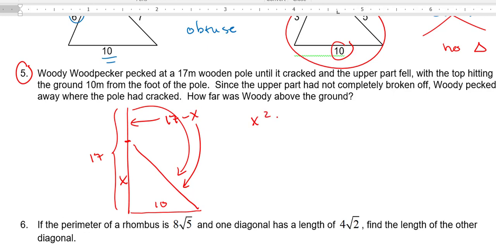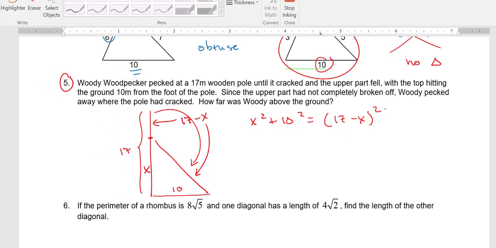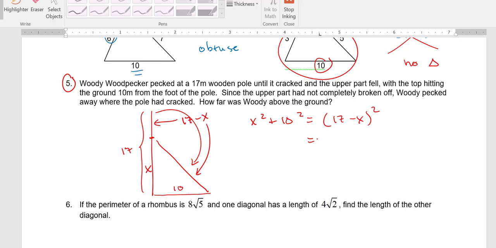So you're going to get x squared plus 10 squared is equal to the quantity 17 minus x squared. And the key here is to not take 17 minus x and square it and get 17 squared minus x squared. That is not a good way to do that. That is not true.